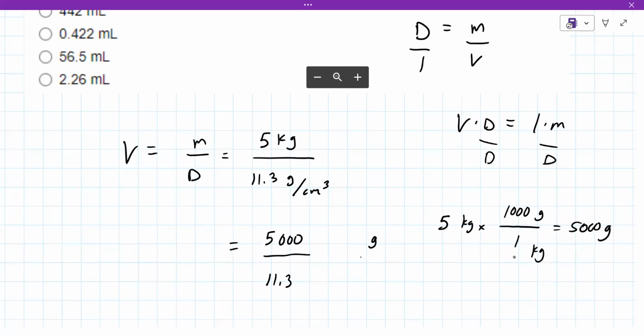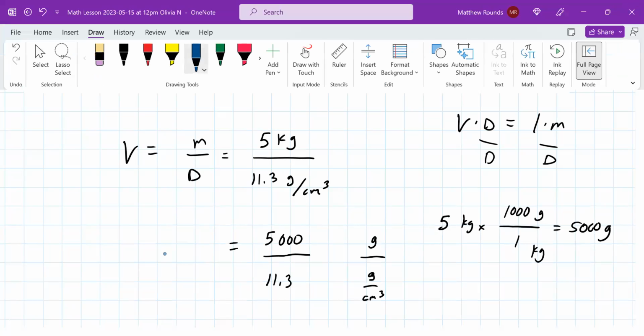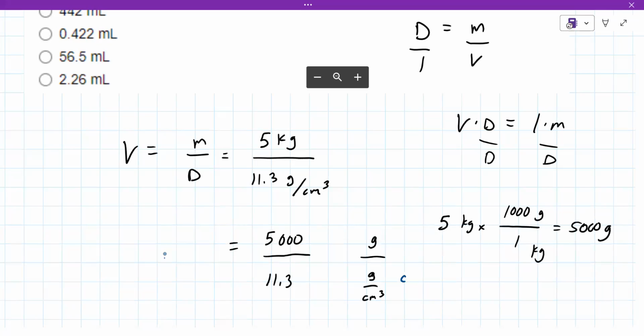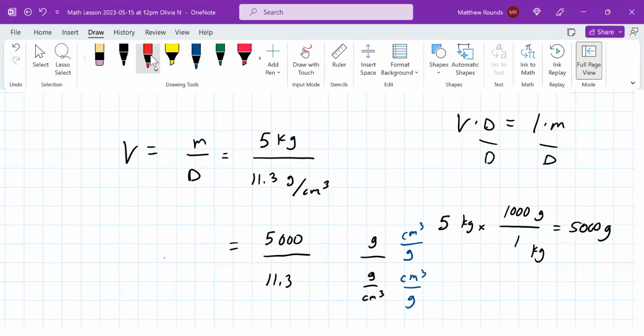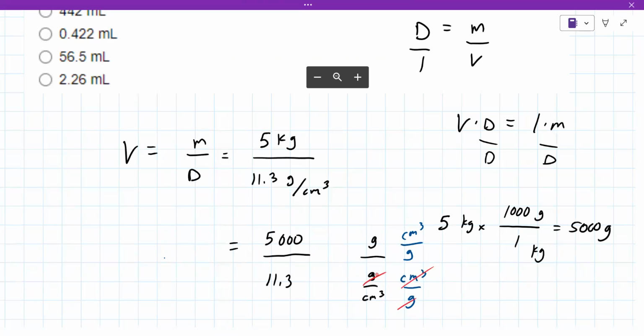Now, if you write the units off to the side like this, sometimes it's good, they call this check with units. If you multiply the top and bottom by the reciprocal of the units, you see that they cancel. The grams cancel the grams, centimeters cubed cancel centimeters cubed, and the top here the grams cancel grams, leaving you just centimeters cubed, which is your volume.